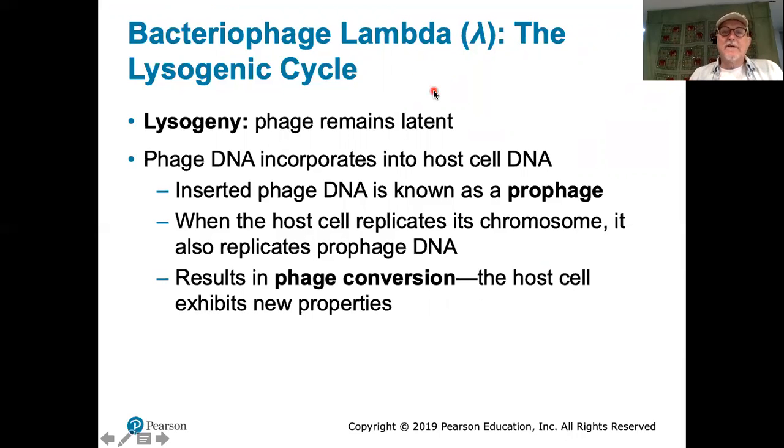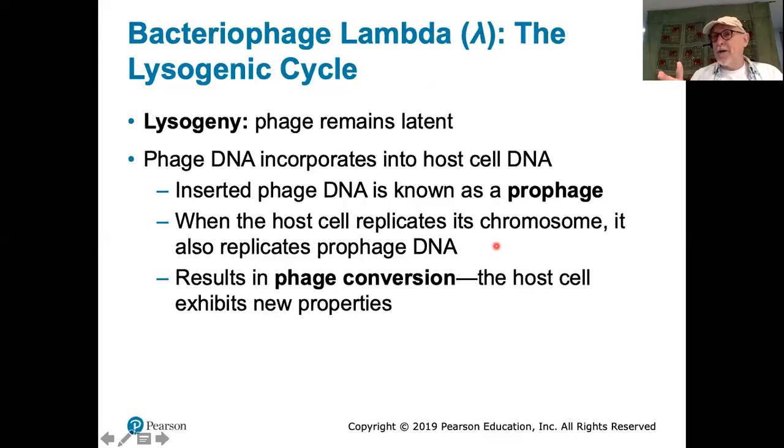In bacteriophage lambda, instead of immediately cutting up the host genome and proceeding towards lysis, the viral genome, the viral DNA, integrates itself into the host genome, and it remains there in a form that is called a prophage. So all that's left of the virus, the only sign that the virus is present, is this DNA present in the host genome as a prophage. It still contains all of the necessary genes and everything to eventually produce phage particles.